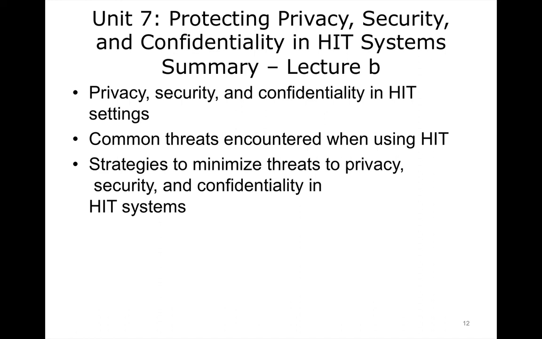Hopefully you have learned some of the strategies that can be used to minimize threats to privacy, security, and confidentiality in HIT systems, such as a formal risk analysis and management process for your organization that is facilitated by regulations such as HIPAA and/or security management system standards such as the ISO 27000 series or the NIST 800 series.